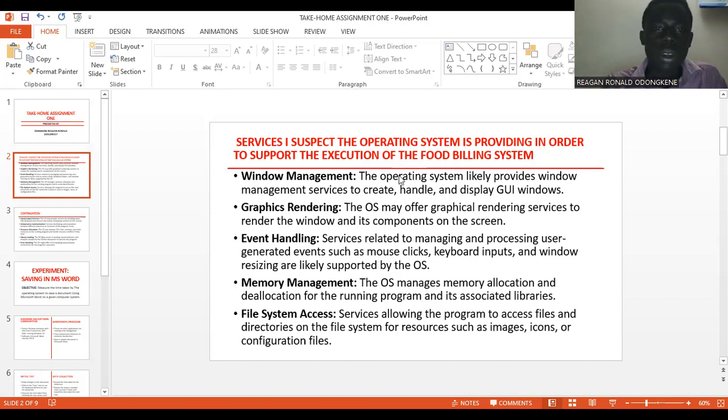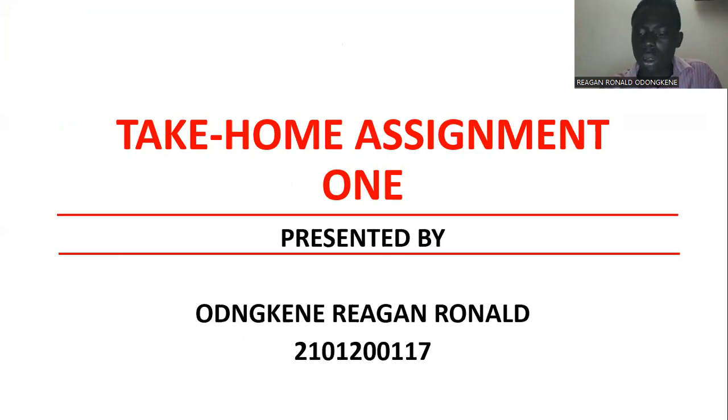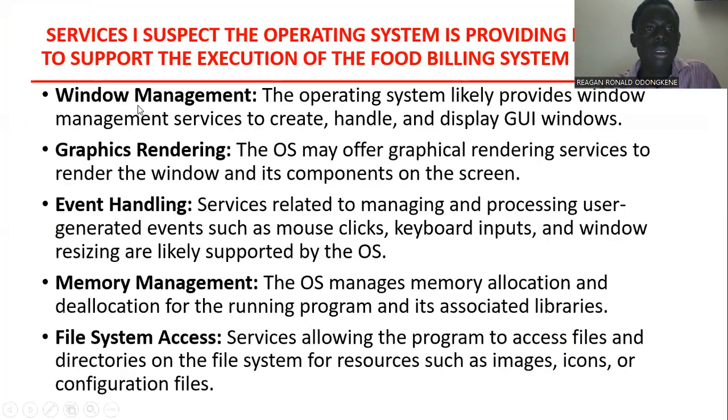So first and foremost, the operating system provides window management, and is likely to provide window management services to create, handle, and display a graphical user interface window. The operating system also provides graphics rendering services to the window and its components on the screen. I think you can see that by seeing the coloring on the food billing system.